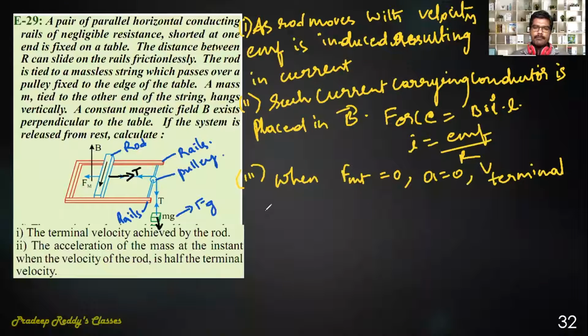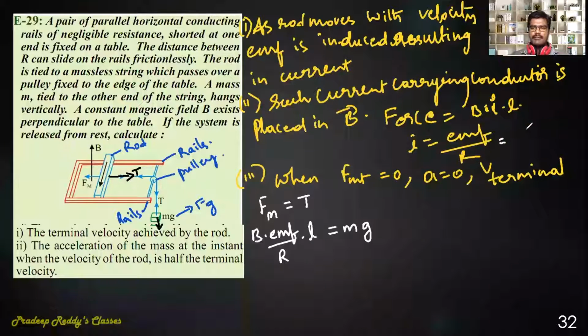So simply you can write that the magnetic force magnitude should be equal to the tension in the string. Magnetic force can be written as B into I, where I is EMF divided by resistance R, into L, the length of the conductor. That should be equal to the tension in the string, and tension in the string will be equal to mass into acceleration due to gravity, mg. What is the EMF induced? EMF induced is delta phi divided by delta t.